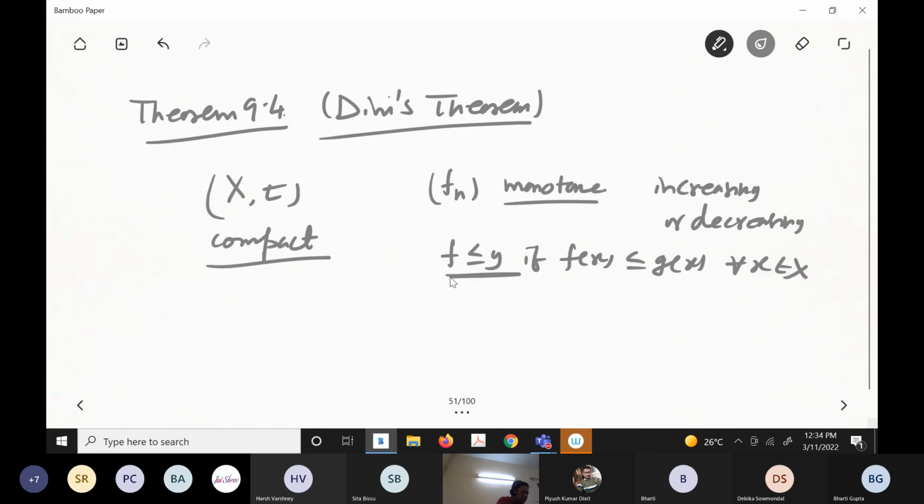This is the order I gave. Same way here, the same order I am taking. Here fn is increasing, that is, fn(x) is less than or equal to fn+1(x) for all x belonging to X. Then fn is called increasing.